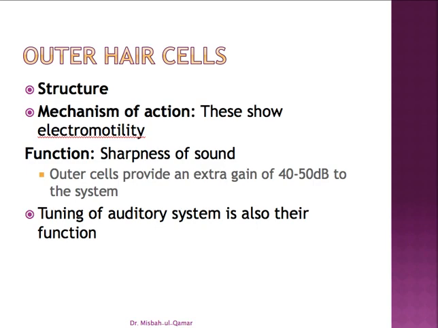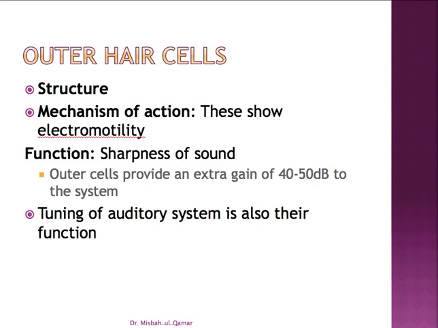And this action of electromotility facilitates the movement of the basilar membrane and increases the amplitude of the movement of the basilar membrane. And this is how they serve the function of the sharpness of sound. They are responsible for the sharpness of sound by showing this electromotility.